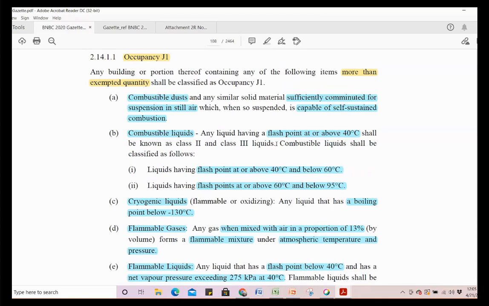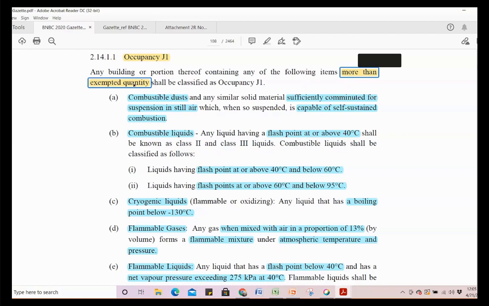As we know that there are 4 kinds of hazardous building, starting from explosion hazard, then we have chemical hazard, biological hazard, and radiation hazard buildings. So occupancy J1 is about explosion hazard. Any building or portion thereof containing any of the following items more than exempted quantity shall be classified as occupancy J. So we already know about the exempted quantity.